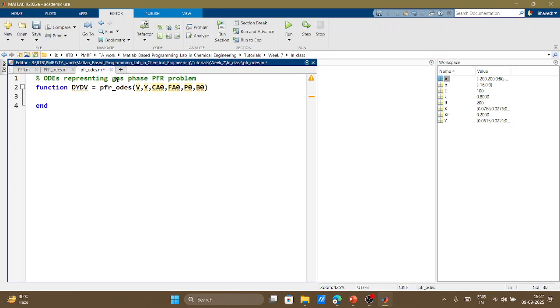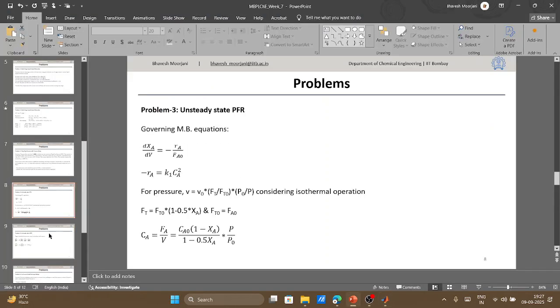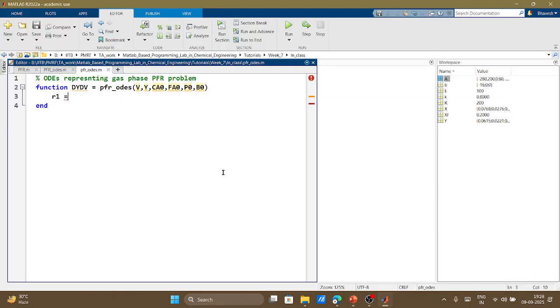Now, first I will find the rate. Before the rate, I have to first find CA. And CA is given as CA0 times (1 minus XA) over (1 minus 0.5 XA), this whole multiplied by P by P0. So let's take out the information first.